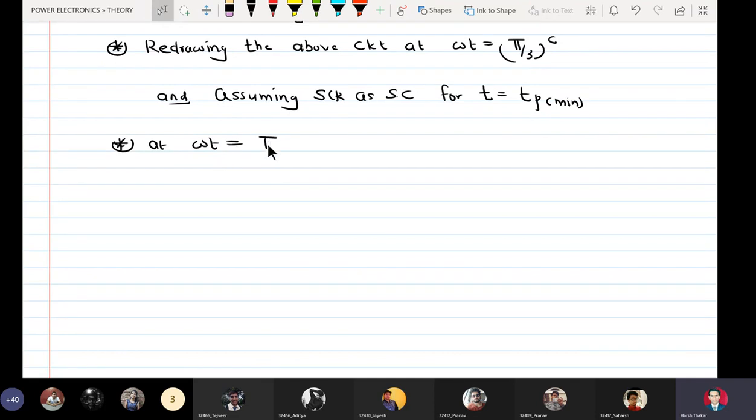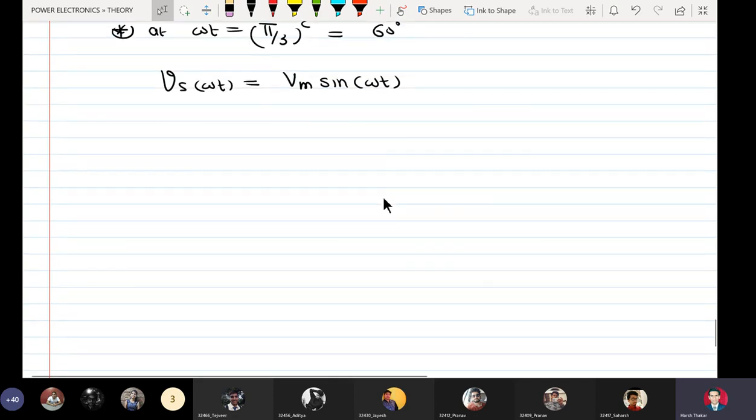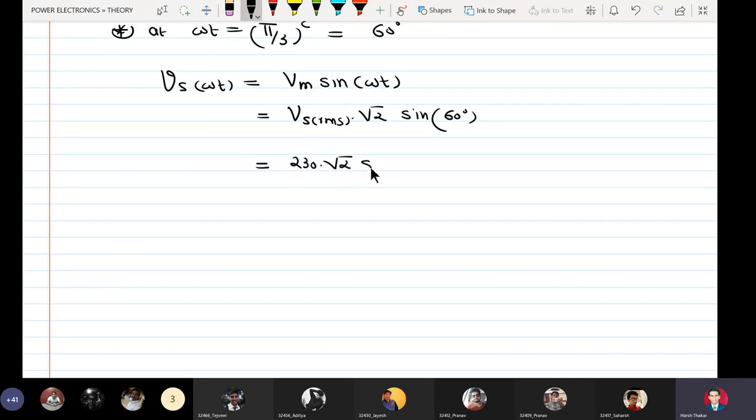At omega t equal to pi by 3 radians equal to 60 degrees, the instantaneous value of the source Vs of omega t is equal to Vm sin omega t, which is equal to Vs RMS into root 2 into sine of 60 degrees, equal to 230 into root 2 into sine of 60.